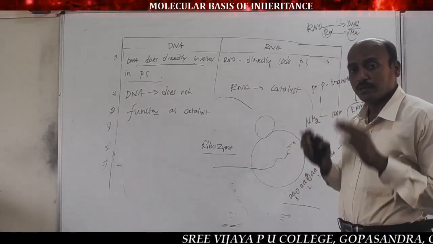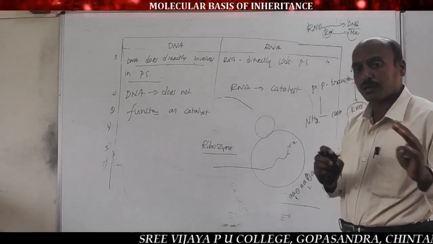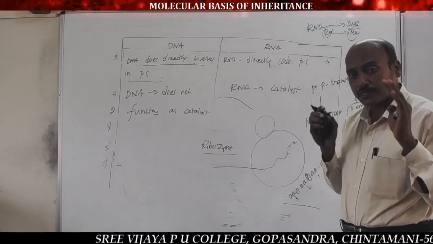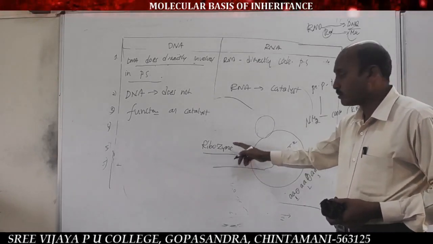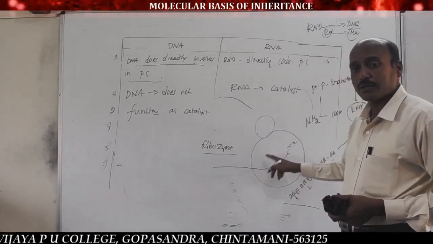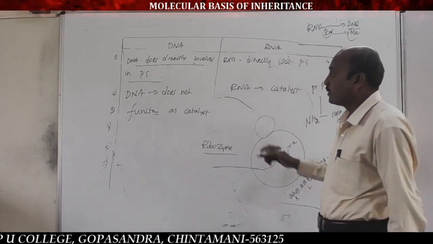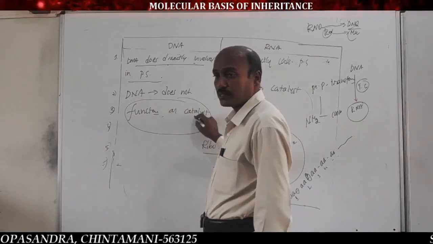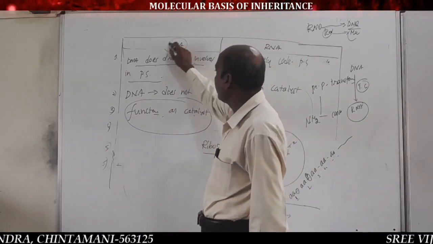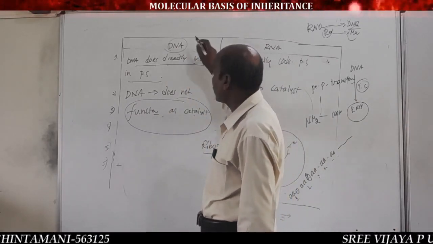Ribozyme means the catalytic property of rRNA, or generally the catalytic property of RNA. So in this manner, RNA functions as a catalyst, but DNA never acts as a catalyst. These are the major differences between DNA and RNA.